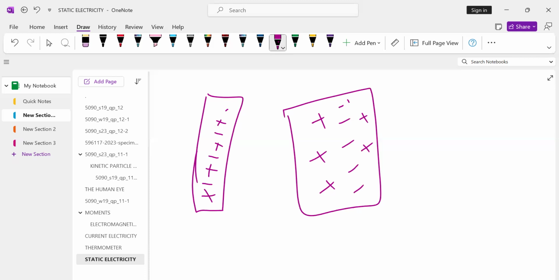Okay, when these two things are rubbed together, this duster and this glass rod, after rubbing, the glass rod gains electron while the duster loses electron. So proton will never change, but the electron concentration can be changed. Means you can gain or lose electron, but the proton will remain same.